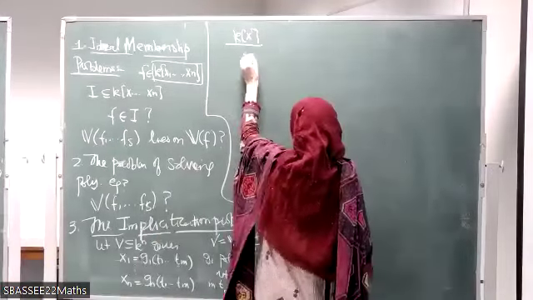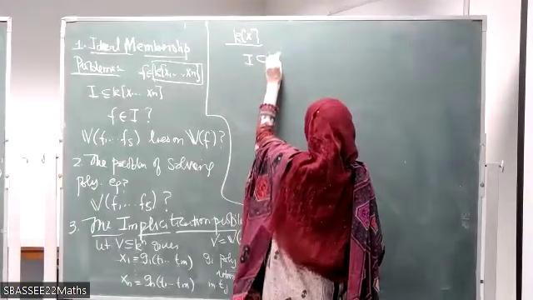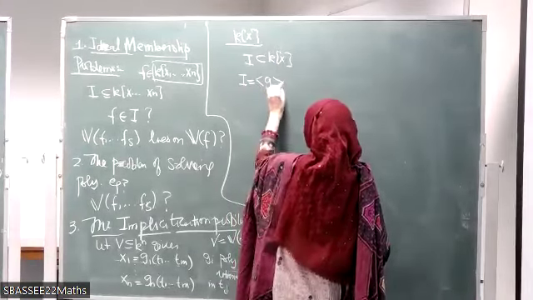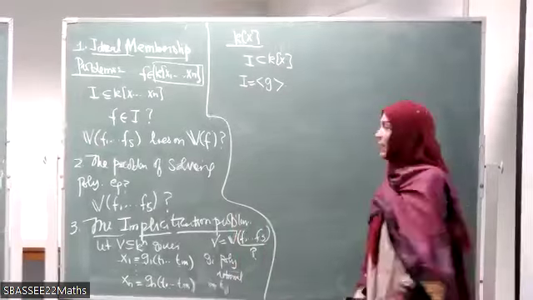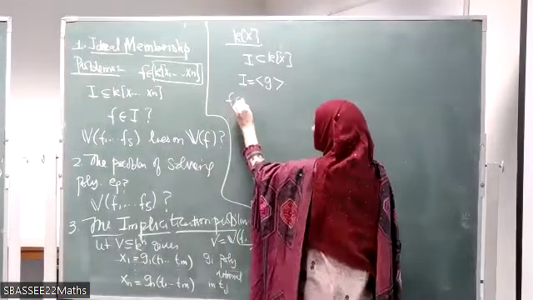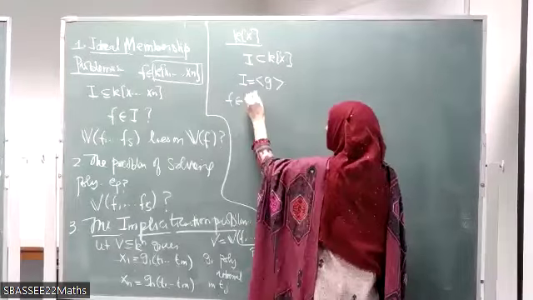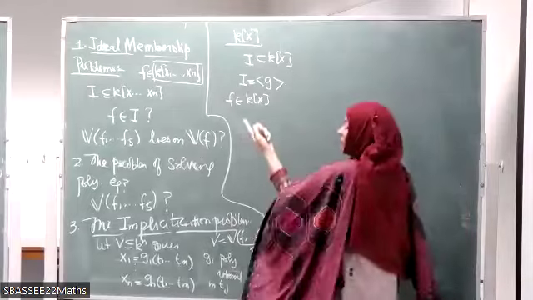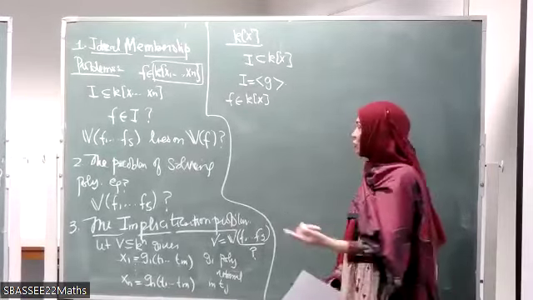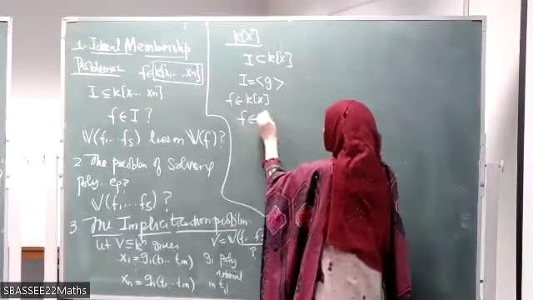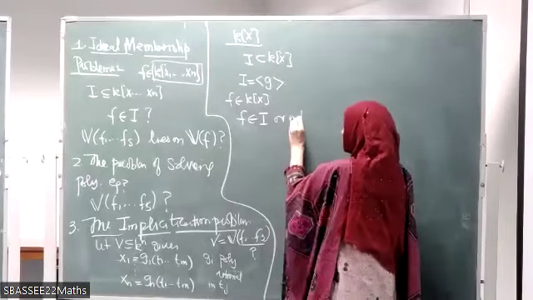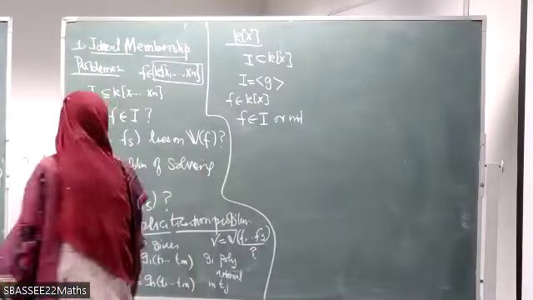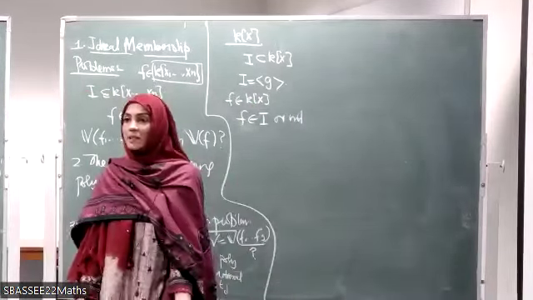So if you take an ideal here, I know that this ideal is always generated by some polynomial G. And if you have some element F in your ring, and I want to check whether F belongs to I or not, what will I do? I will use my division algorithm.